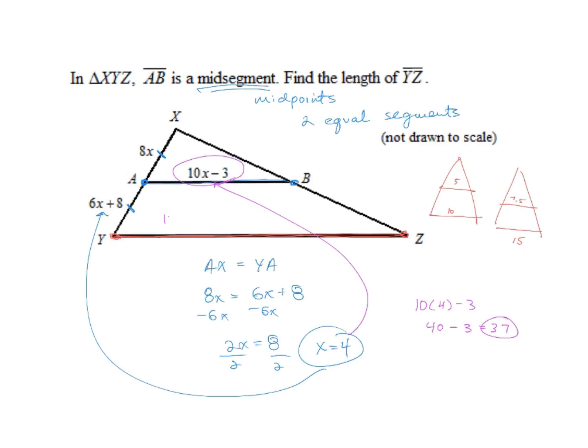And then if this is 37, take this, multiply it by 2. 30 plus 30, 7 plus 7, 60 plus 14, 74 would be my YZ segment there. So a lot of different ways that a mid-segment can create questions in which we could find missing sides.